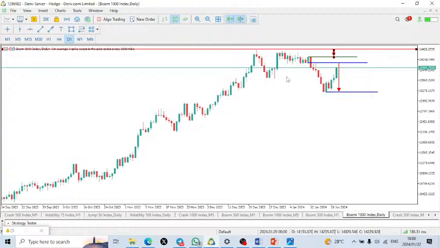Okay, what do I see here? If I look here, price has already taken out this level. We can see price is now making a series of, this one was a higher low, and from this higher low, price has made a what? A lower low. You see? A higher low and a lower low here.